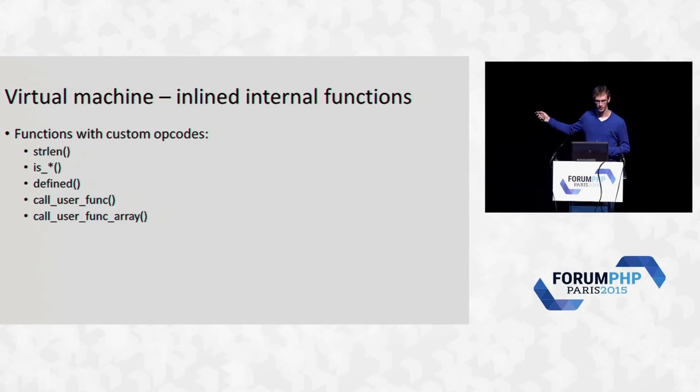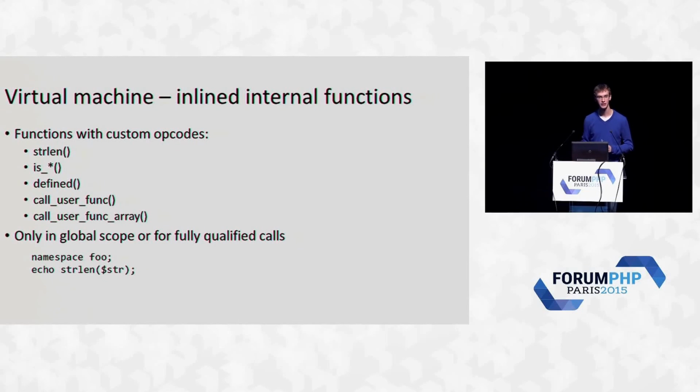And there is only one problem with this. Namely, it only works in global scope, or if you're using fully qualified calls. The reason is, if you have code like this, so you're in a namespace and you call the strlen function, we don't know whether this is the global strlen function or a namespace-local override.